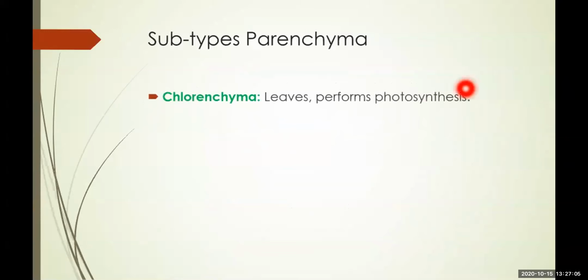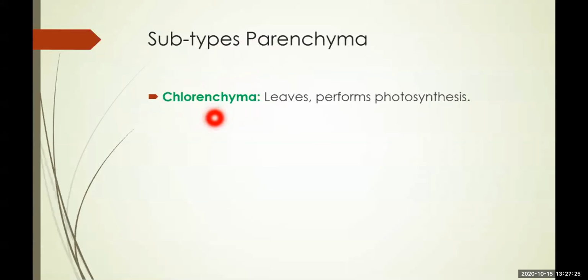Next, there are two types of parenchyma. We'll call them subtypes of parenchyma. First is chlorenchyma. Now, if you split this word, chloren means chlorophyll and chyma means cell. So it is a special type of parenchyma cell which contains chlorophyll.